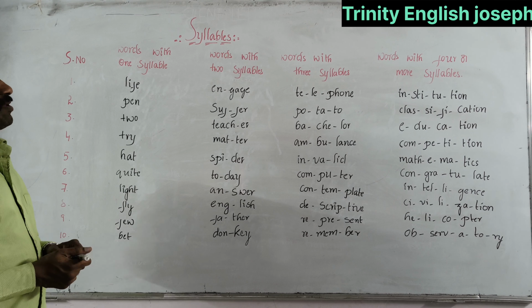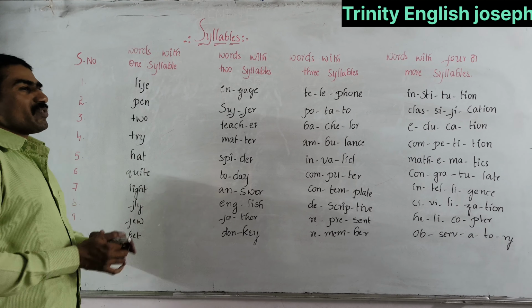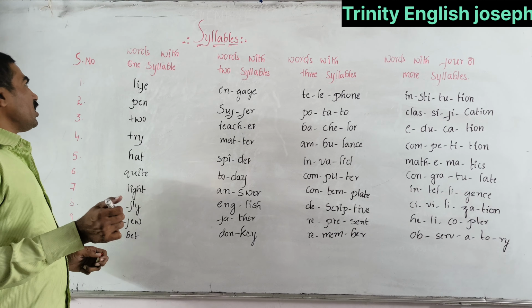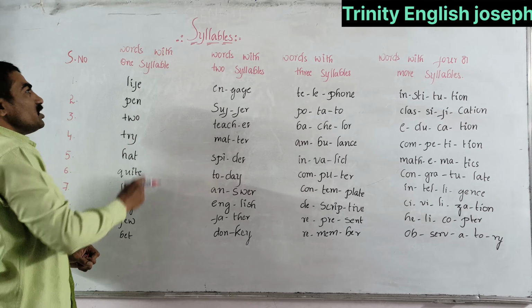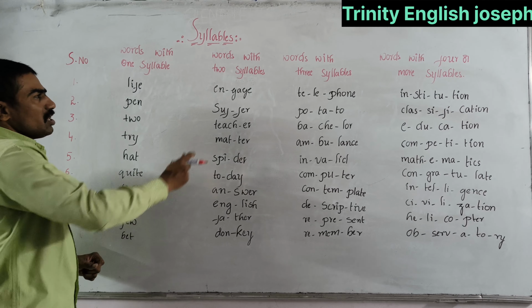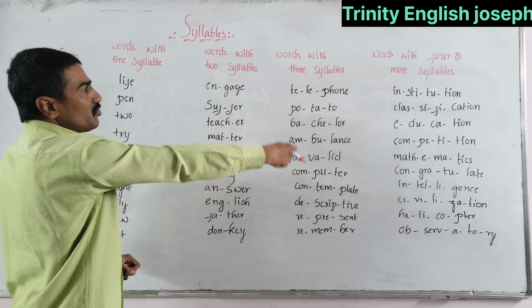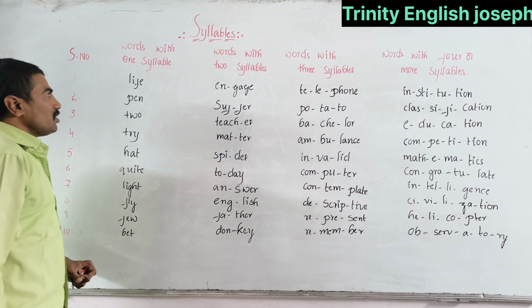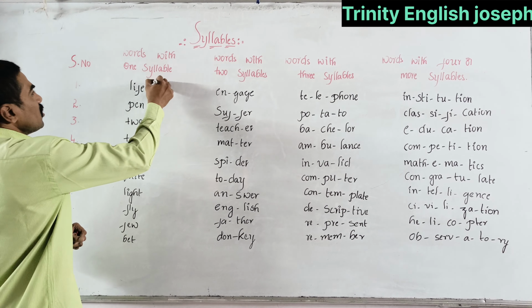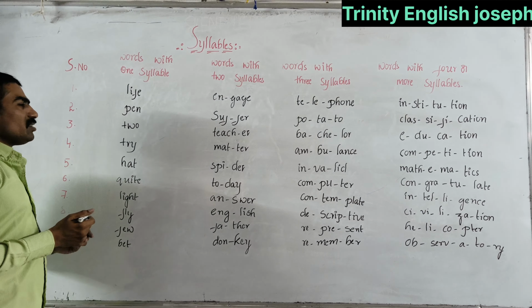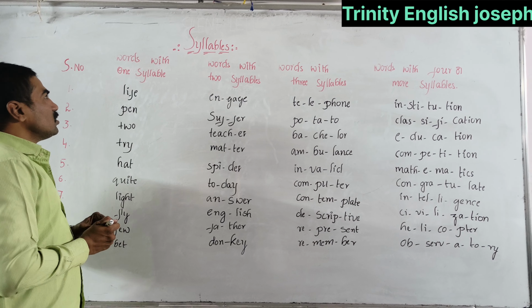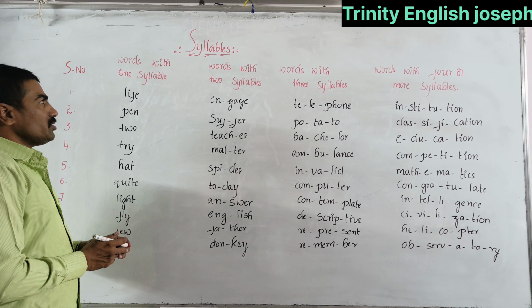Now let us look at some examples as to how the different syllables can be divided. Here we have words with one syllable, words with two syllables, three syllables and four syllables. Words with one syllable are known as monosyllabic words.